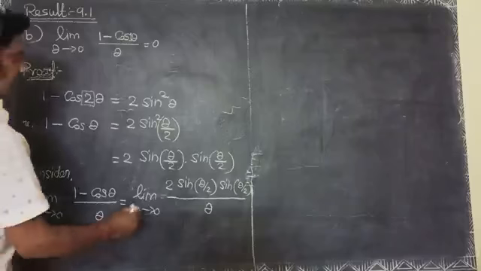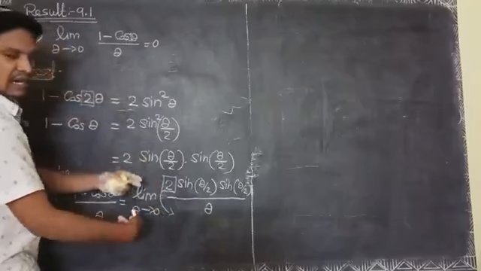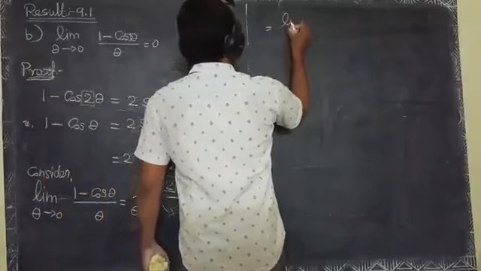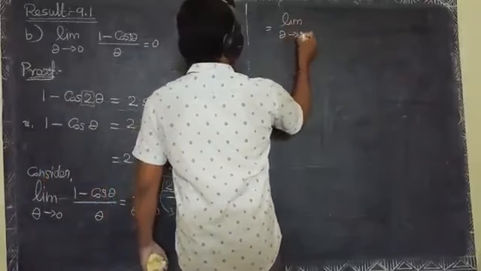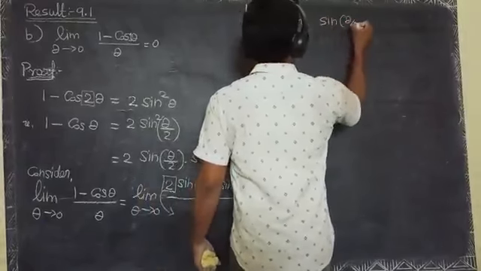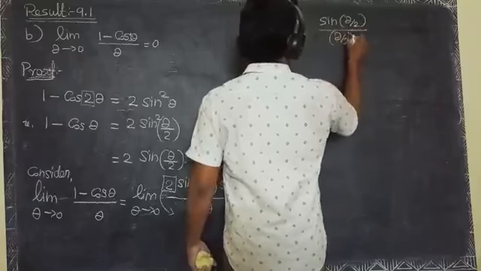Here the 2 can be written in the denominator as theta divided by 2, that is, the limit of sin theta divided by 2 divided by theta divided by 2.